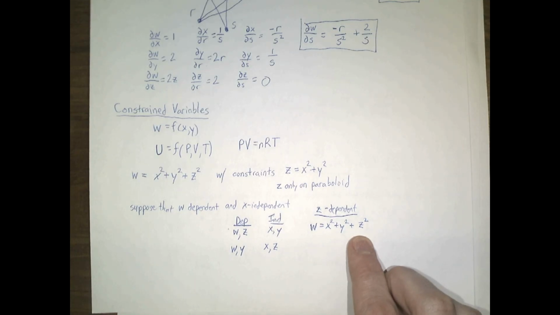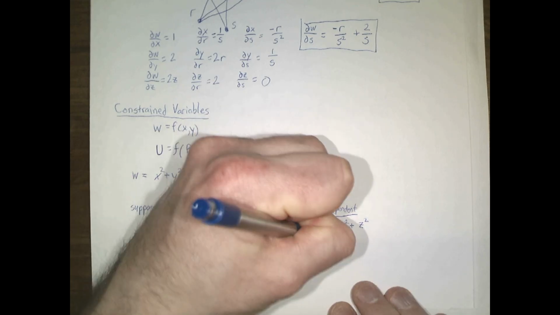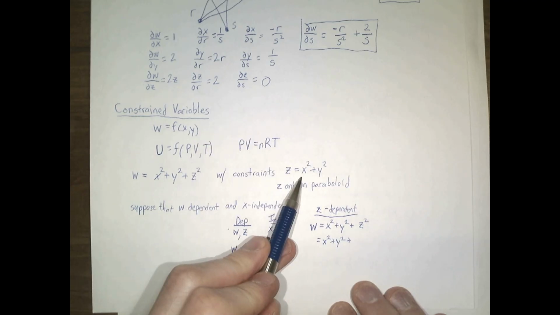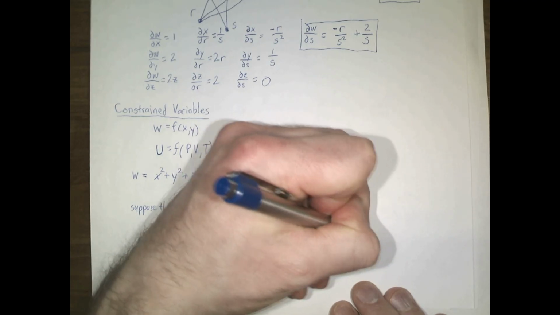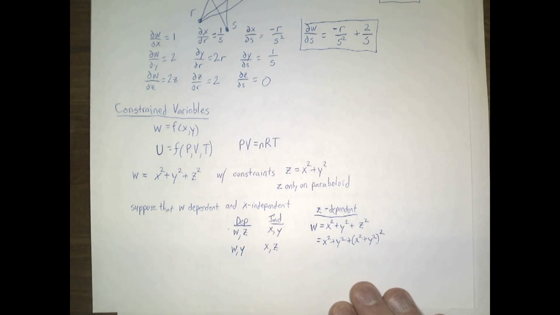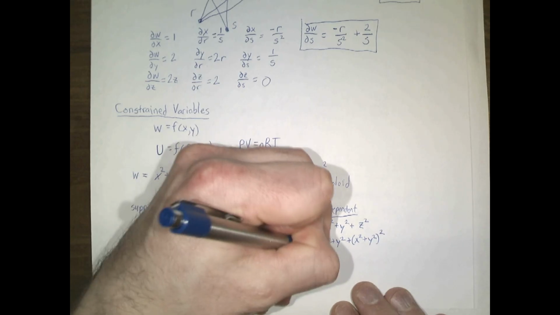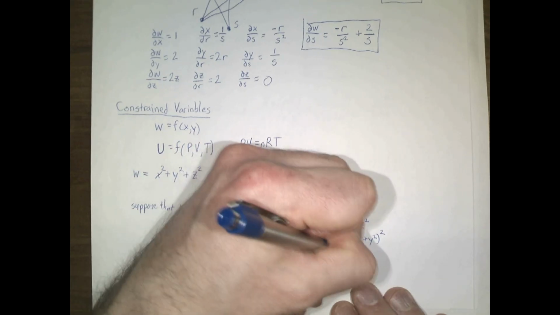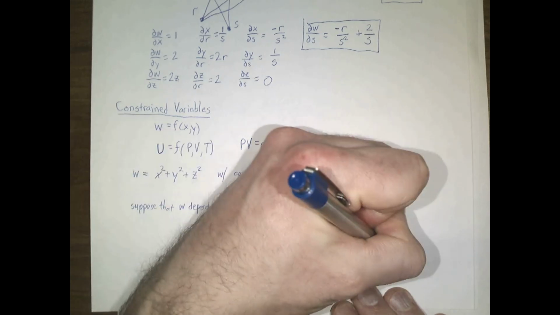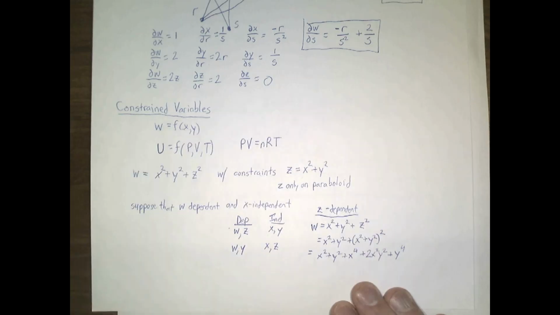Z is dependent on x and y, so when we take derivatives of w with respect to x and y, we want to make sure that the z is taken care of. So w equals x squared plus y squared plus, by our definition up there, z is x squared plus y squared, quantity squared. If we factor this all out, we get x squared plus y squared plus x to the fourth plus 2x squared y squared, those are our cross terms, plus y to the fourth.